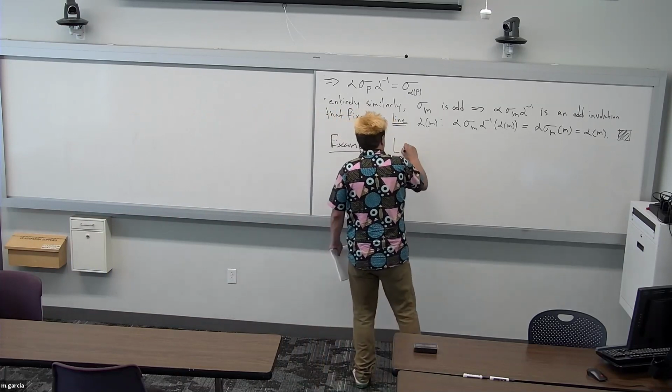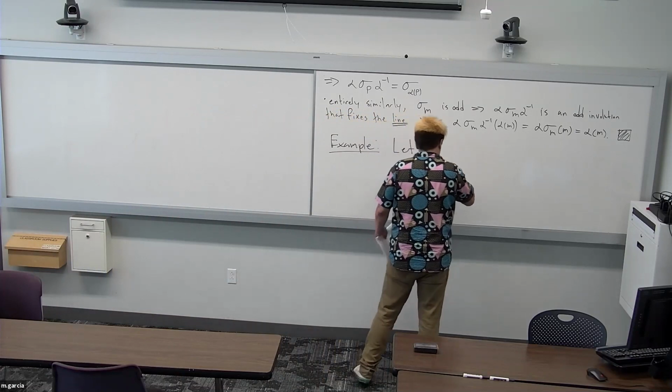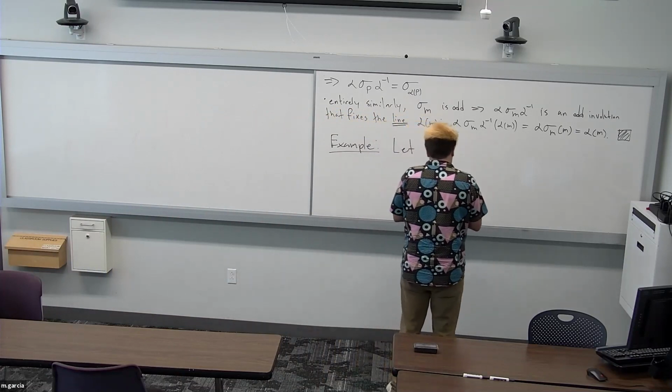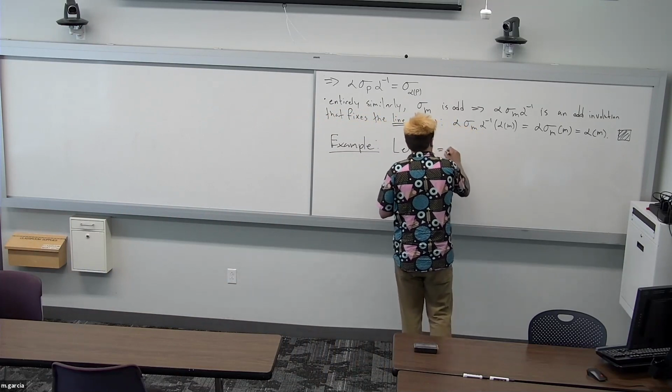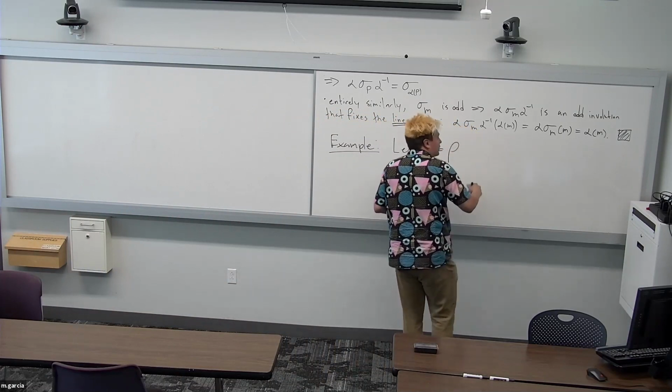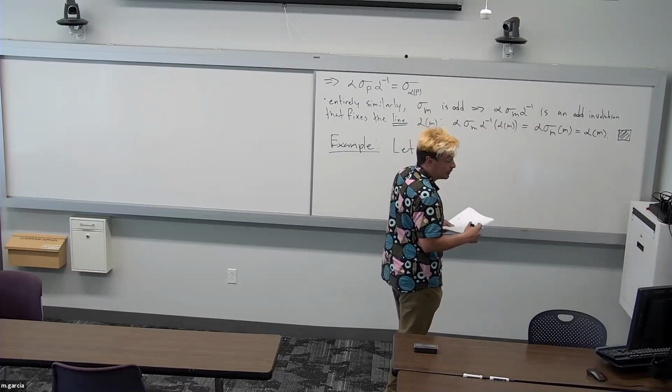Let's let alpha be, so alpha is an arbitrary isometry that we're going to conjugate by.